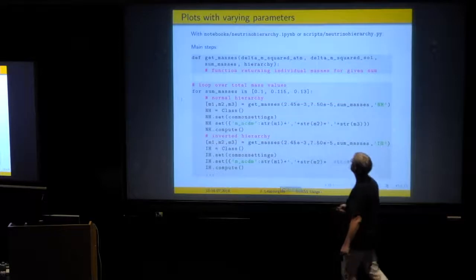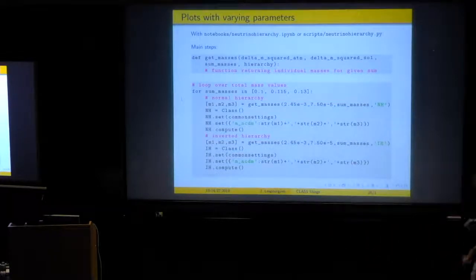It's again a script where you loop over values of parameters. But here, because you are in a Python script, you can do something sophisticated, which is to define and call a function, giving you neutrino masses. So in this example, it's also a way to see how to set things with neutrino masses.